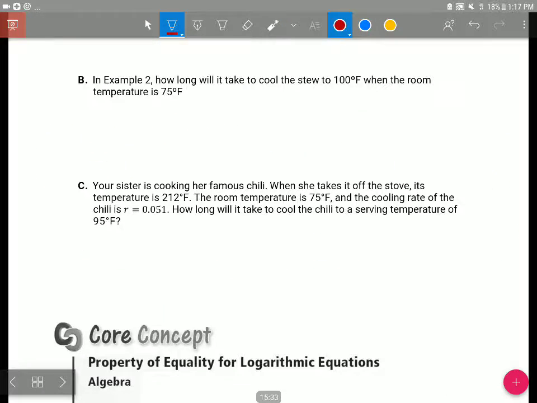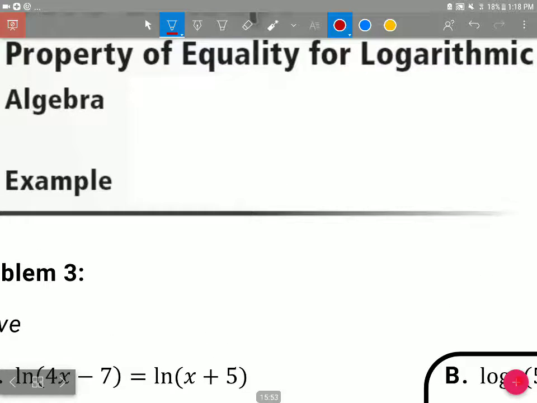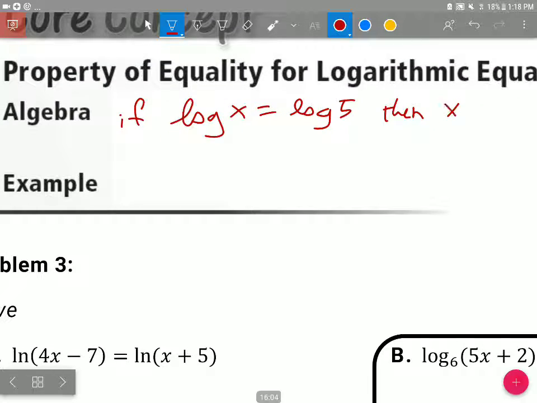Let's keep rolling. Property of equality for logarithmic equations. So here's the deal. Remember, logarithms are exponents. Therefore, a lot of the properties that happen with exponents also happen with logs. For example, like the one we did earlier, if the log of x equals the log of 5, then what do you think x would equal? 5.